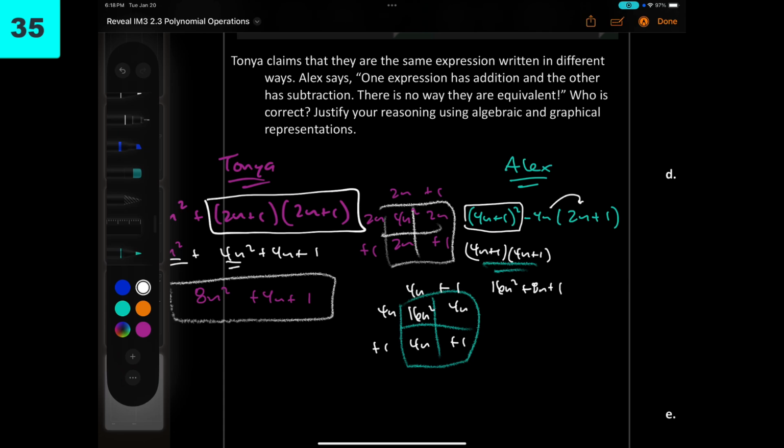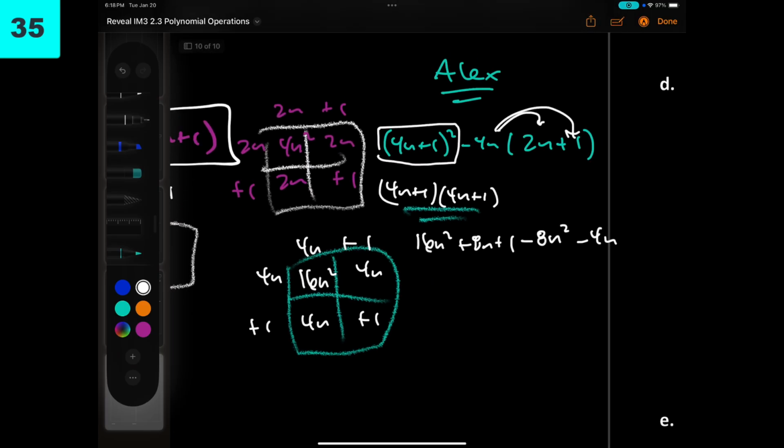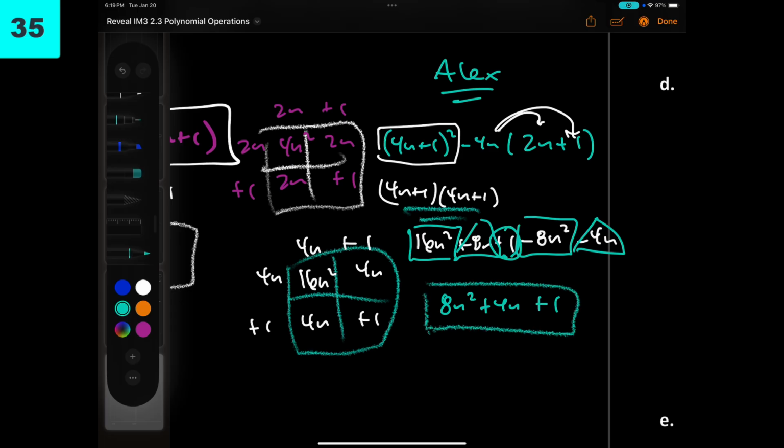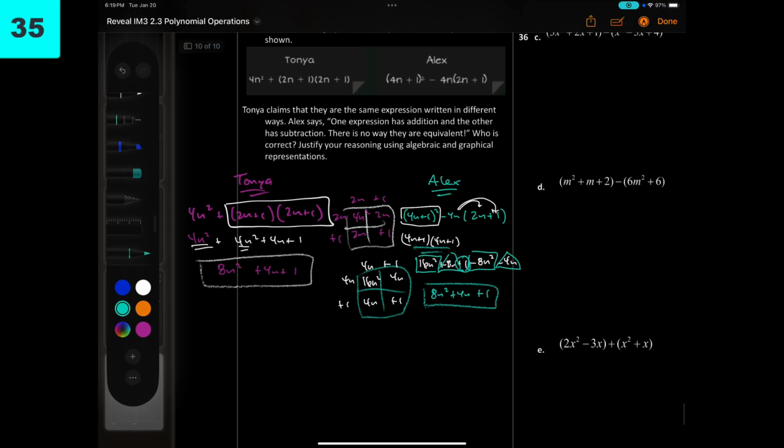Over here I'm going to multiply, so that'll become negative 8n squared, and then negative 4n. Let's do the like terms here, so that'll become 8n squared. And these two will become plus 4n. And then you have this one, that'll be the plus 1. So are these equivalent? Yes, they are equivalent.